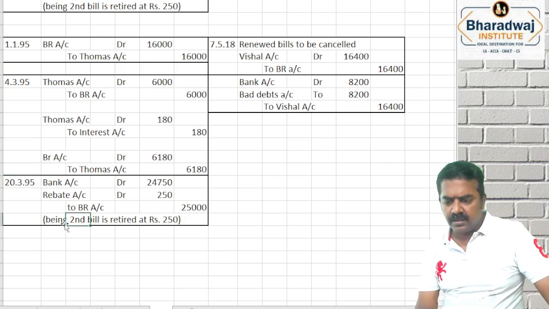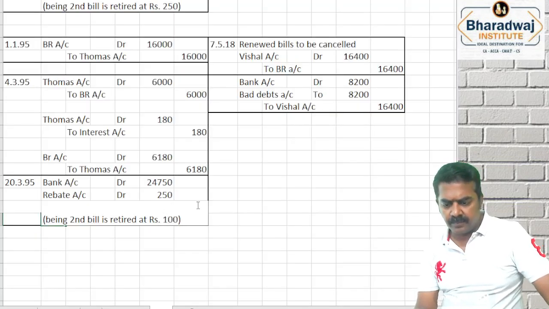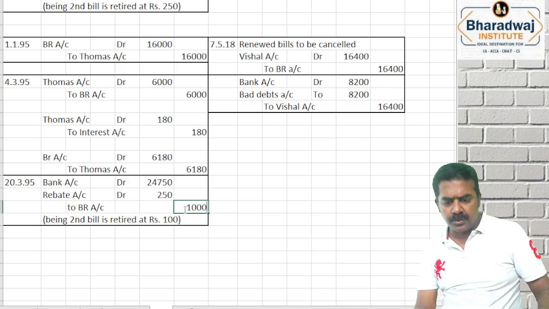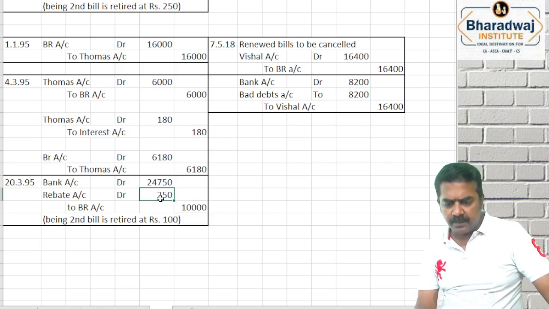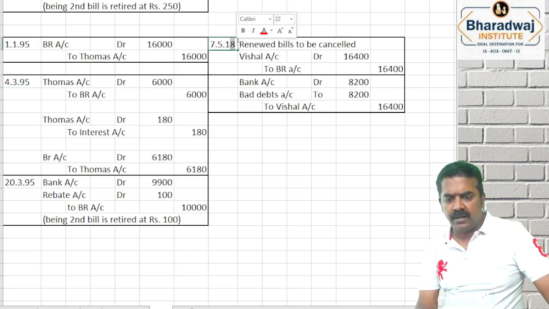What is the rebate? The second bill is retired with rebate. Rebate of how much? 100 rupees. Second bill 10,000, 100 rupees rebate, so we'll collect how much? 9,900 we'll collect. So 7,595.